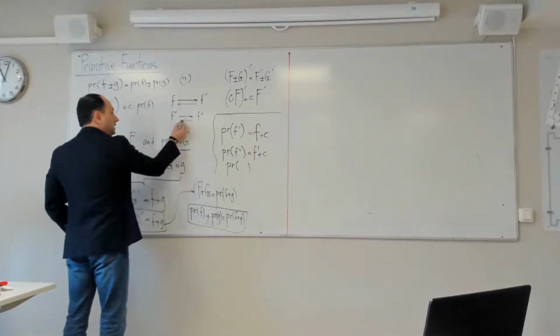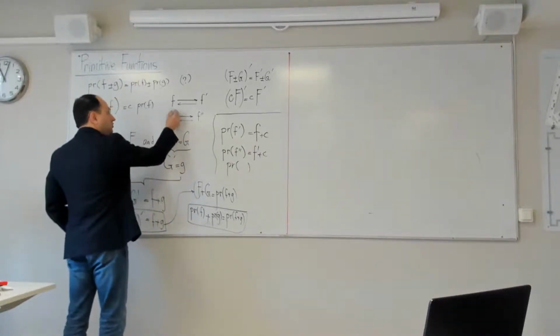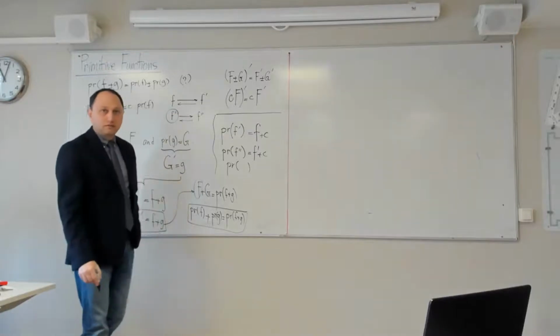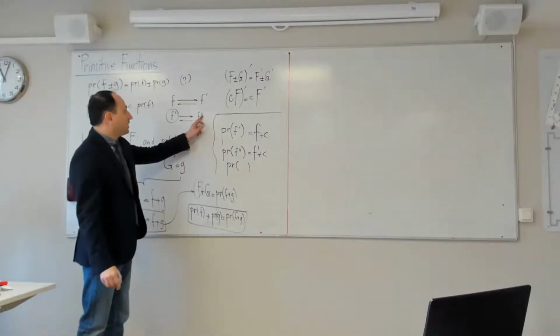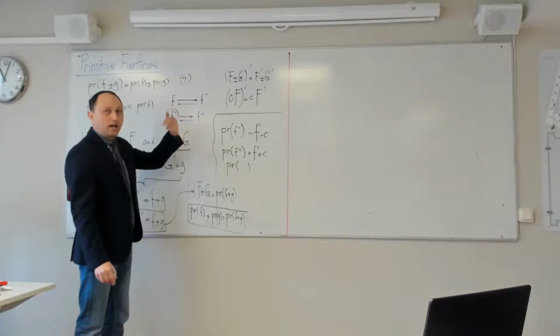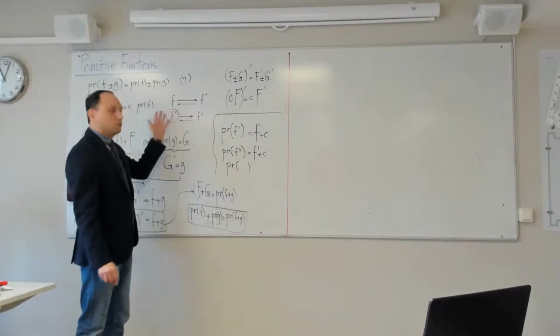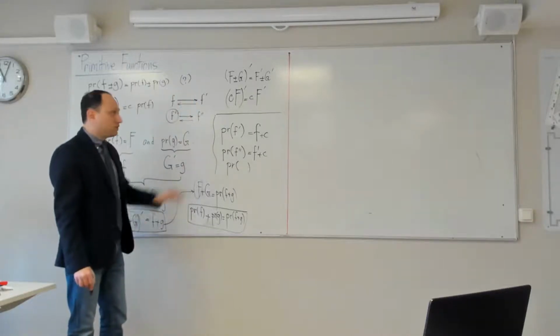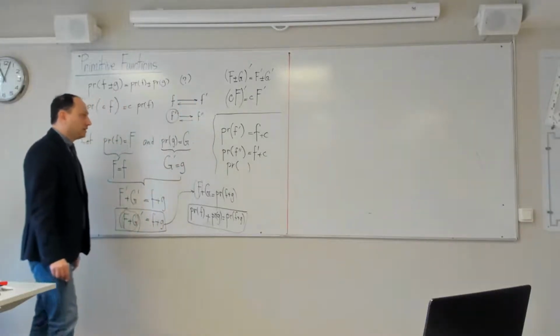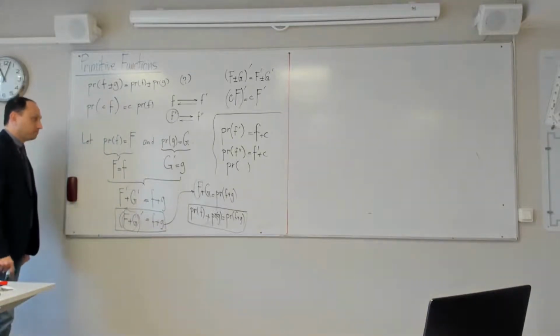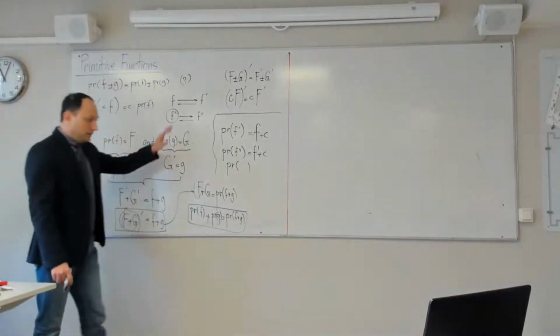When I take the primitive function, you go one level back. If I want to go from f double prime to f, I have to do the primitive function twice: from f double prime to f prime, and then from f prime to f. So these are important concepts that I want you to understand.